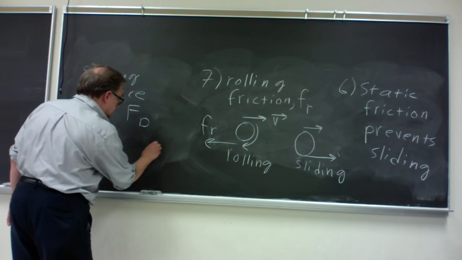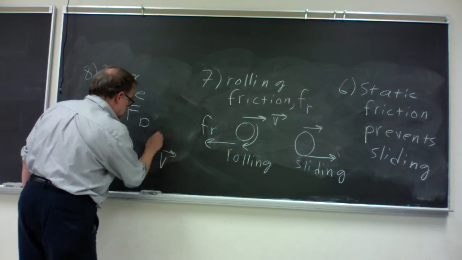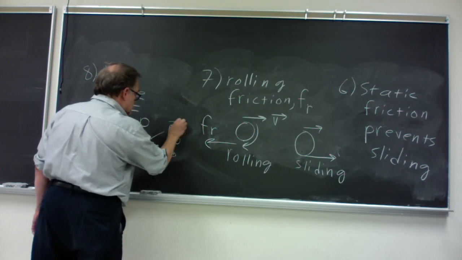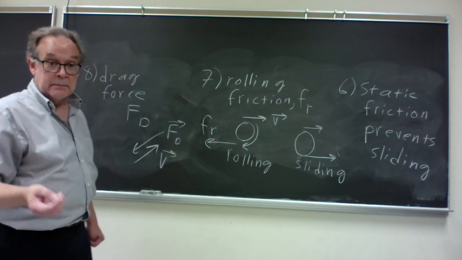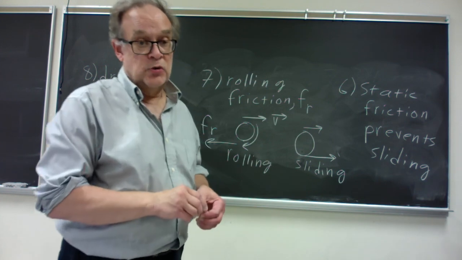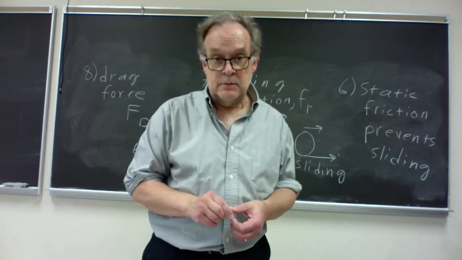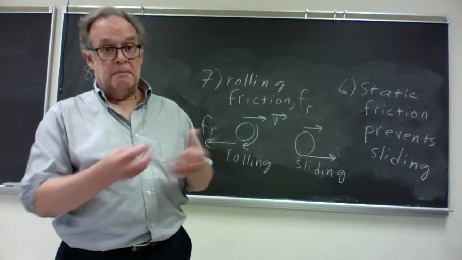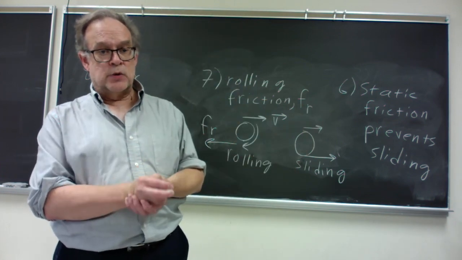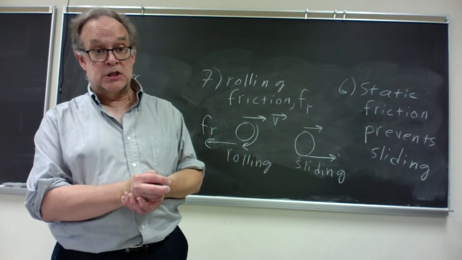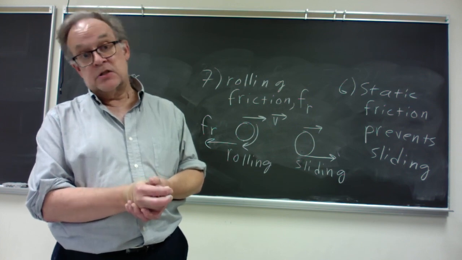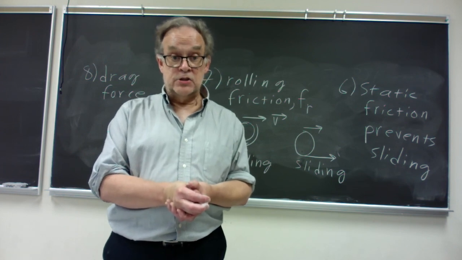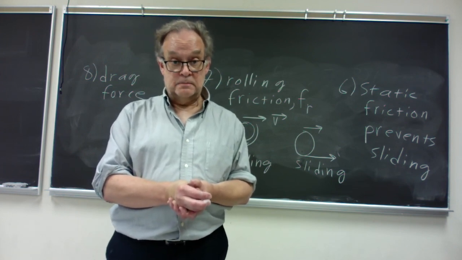So whatever the velocity is, drag force always points opposite to the velocity, always opposite to the direction of motion, same as kinetic friction does. But the one thing that's unique about drag force is that the strength of the drag force depends on the speed of the object that is feeling that drag force. Higher speed always means stronger drag force.